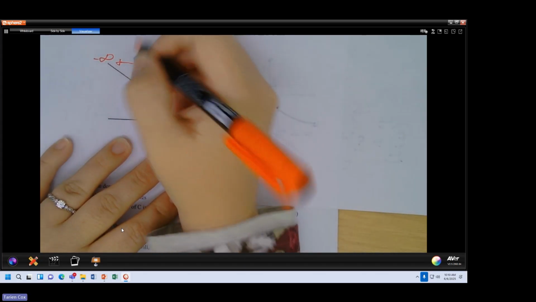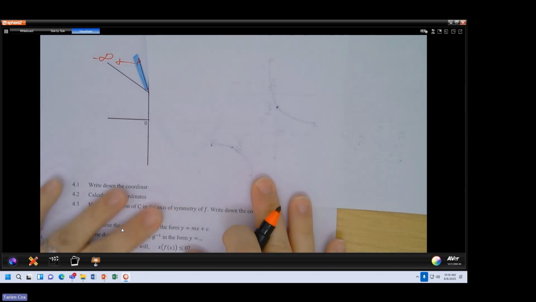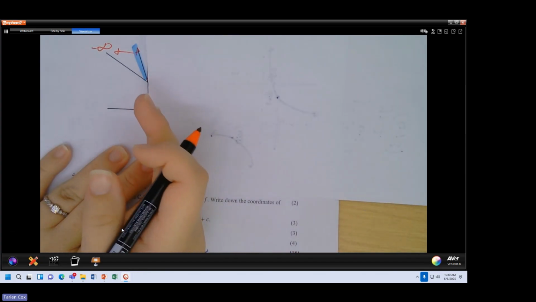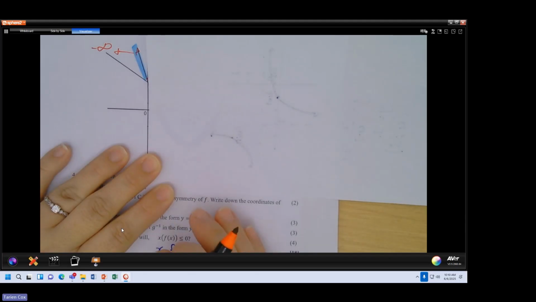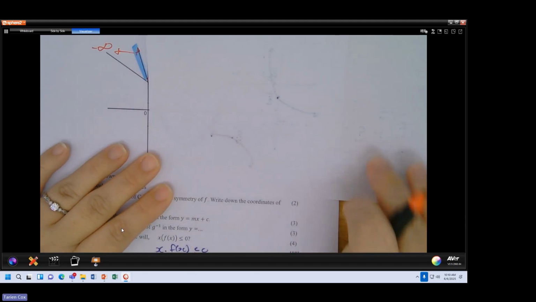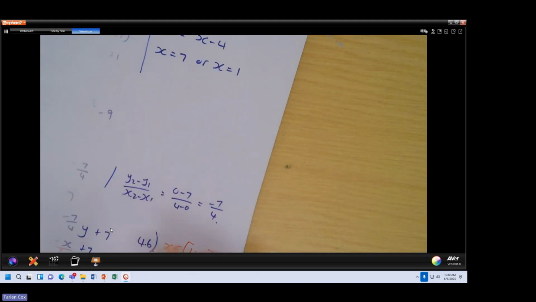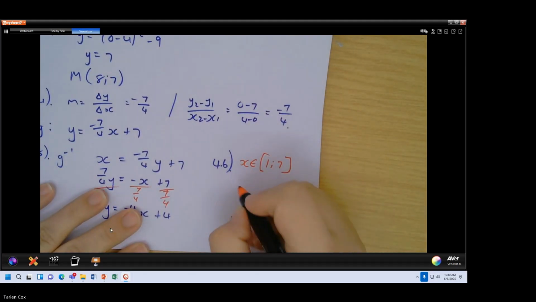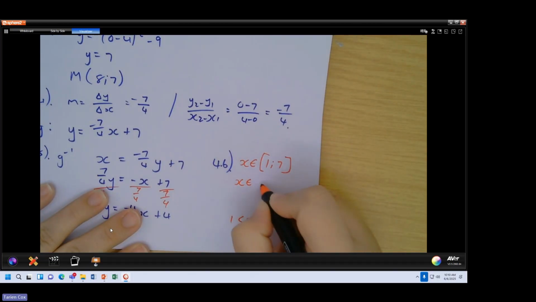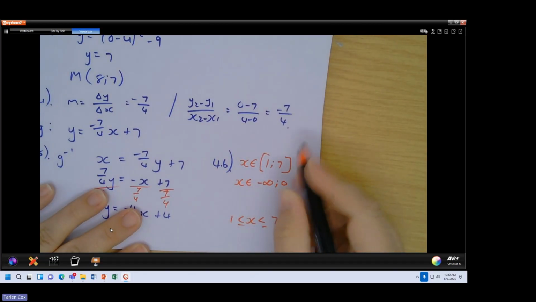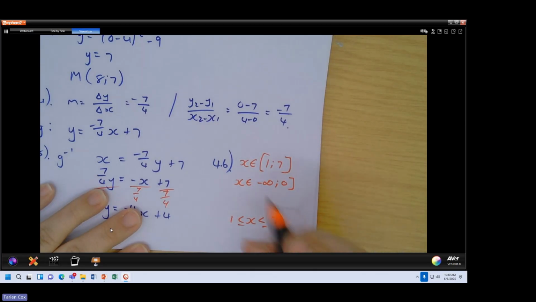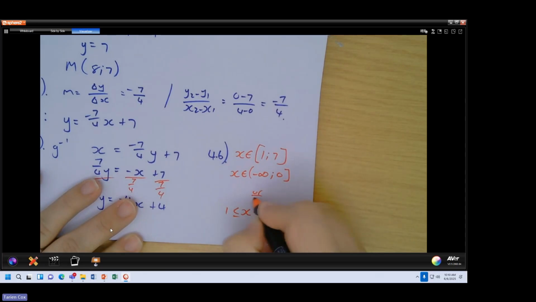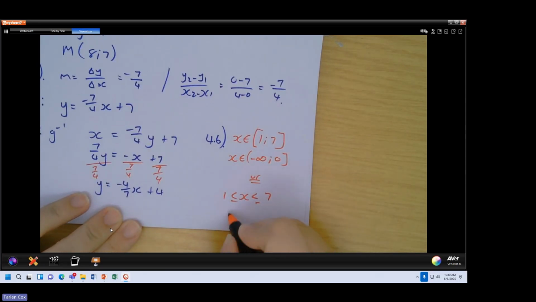Because that suggests it goes on, which means that I need to say all the x values left of 0 or below 0. So if I write in interval notation, I will write x is an element of negative infinity to 0. I can include 0, but I'm not allowed to include negative infinity. Or you write it in inequality form where you say x smaller or equal to 0.